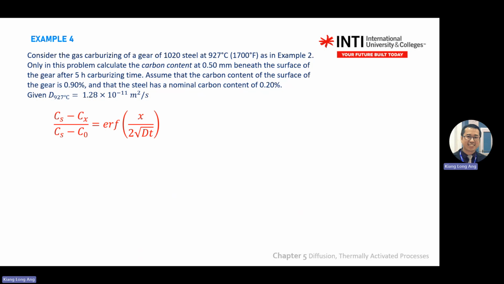What is the value inside? 0.52, 0.523 or 1. This is the value. Agree?